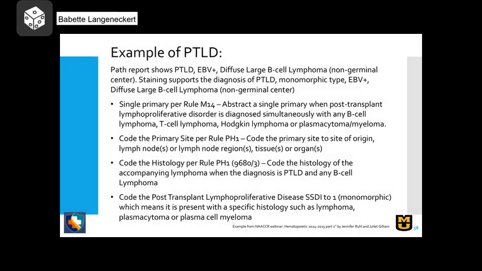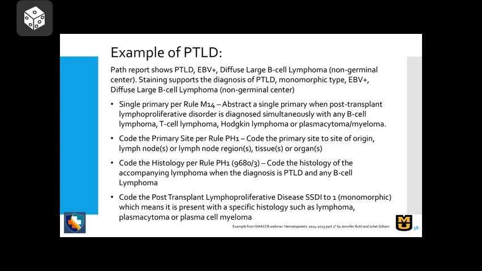Example of post-transplant lymphoproliferative disease. Path report shows PTLD, Epstein-Barr virus positive, diffuse large B-cell lymphoma, non-germinal center. Staining supports the diagnosis of PTLD monomorphic type, EBV positive, diffuse large B-cell lymphoma, non-germinal center.